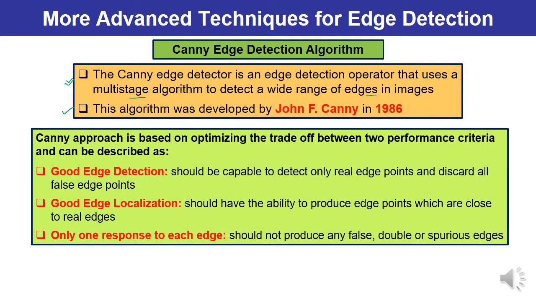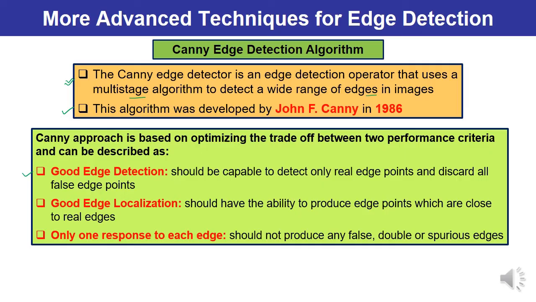So here, as I have told you, this approach is based on optimizing the trade-off. What are the various factors which you need to understand? First is good edge detection. What do you mean by good edge detection? It means it must be capable of detecting only real edge points and discarding all false edge points.